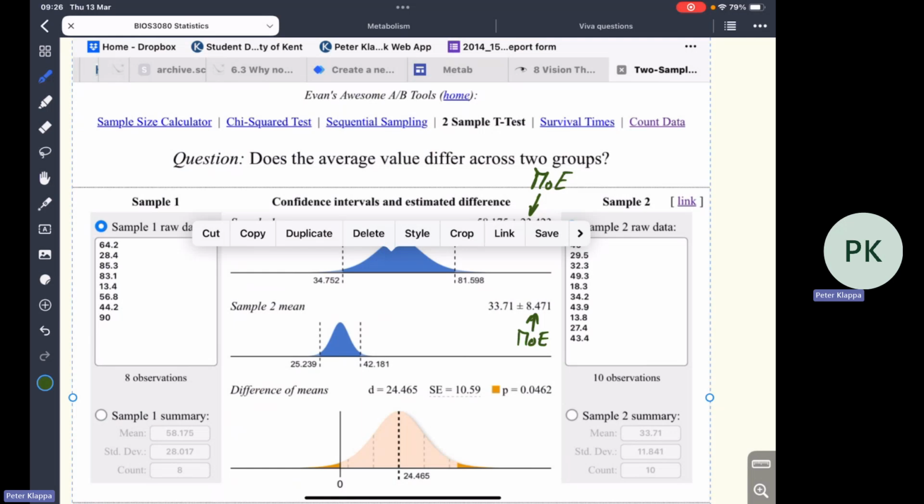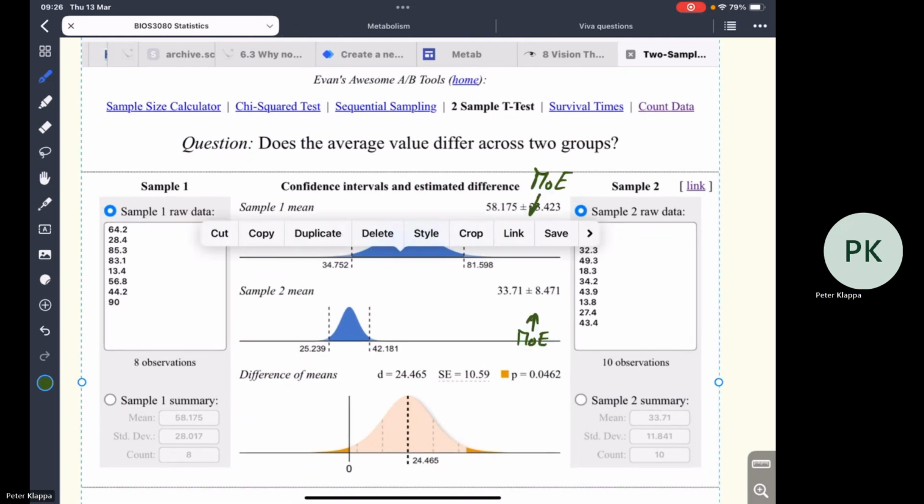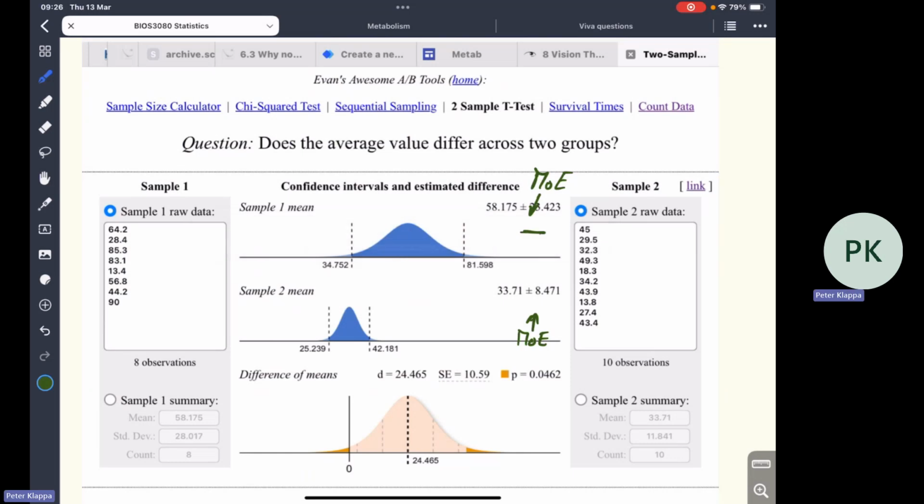It tells you the lower confidence interval and the upper bound of the confidence interval. Yeah, you don't even have to calculate anything. How cool is that? Yeah, fantastic.